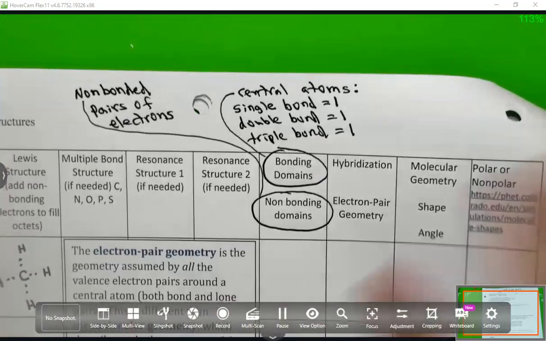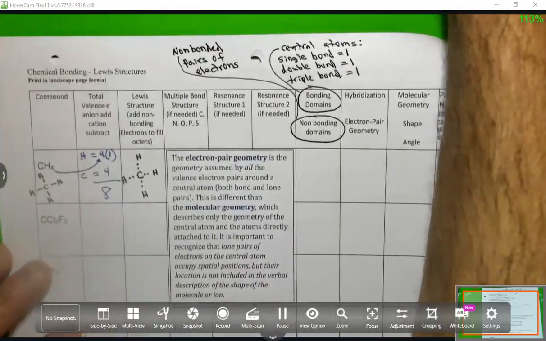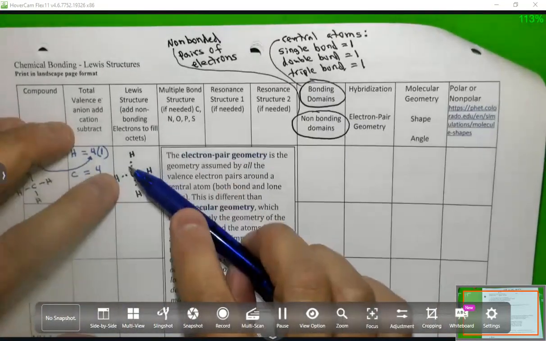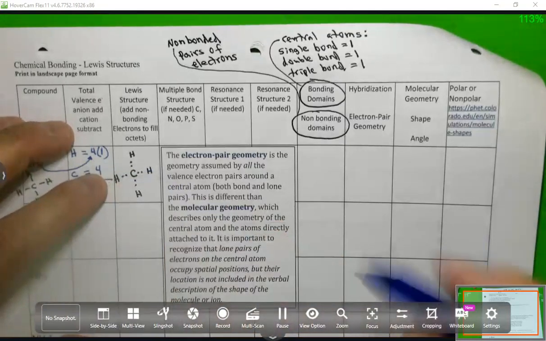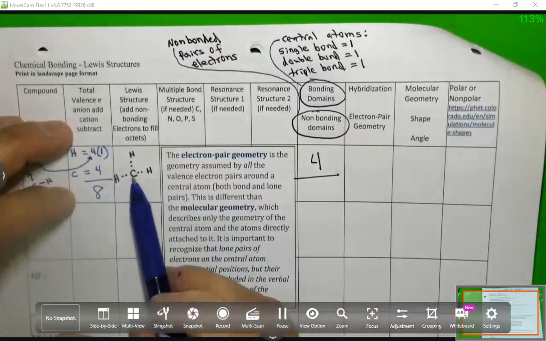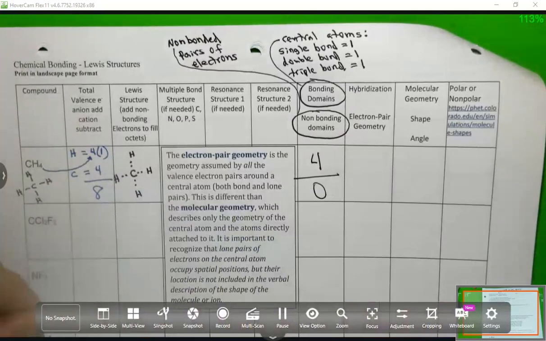So if we look at this, central atom carbon, how many bonds does it have? It's got 4 bonds, correct? There's 4 bonds. How many non-bonded pairs of electrons? 0.